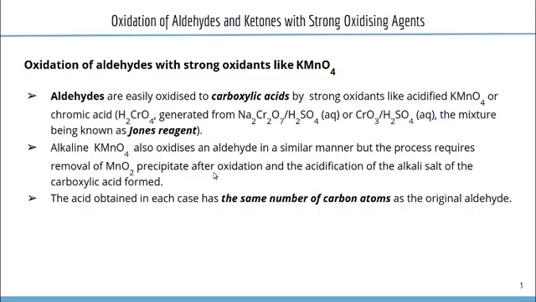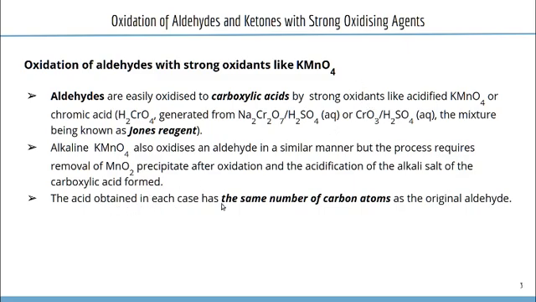So after the oxidation, the MnO2 precipitate will be there and we have to remove it. So acidic KMnO4 is better than alkaline KMnO4 for oxidation. In the case of alkaline KMnO4 there will be formation of MnO2 precipitate, so we have to remove that precipitate. In order to avoid that precipitate removal, we can use acidified KMnO4.